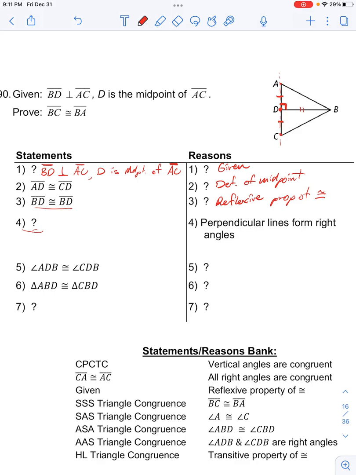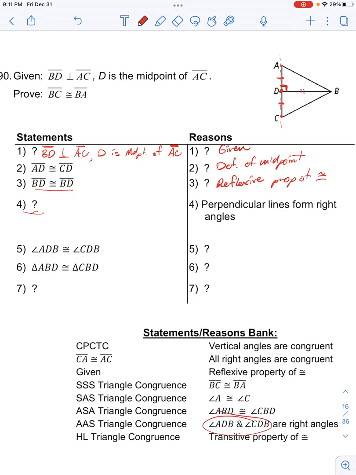So over here in our reasons bank, we have that angle ADB and angle CDB are right angles because of the fact that segments DB and AC are perpendicular, so they intersect at right angles, and any of the angles formed by those two segments are going to be right angles.